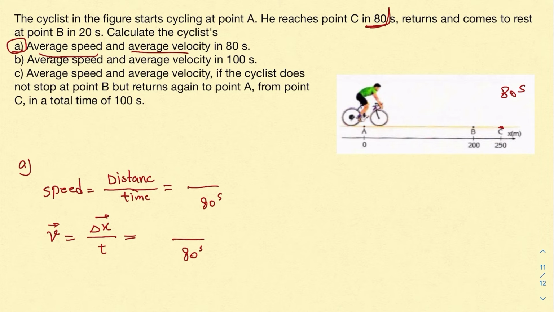Therefore, my distance is 250 meters, and my displacement also, because it's a straight line, is 250 meters minus 0, which is equal to 250, of course. Divided by 80 seconds, in both cases the answer will be 3.125 meters per second.